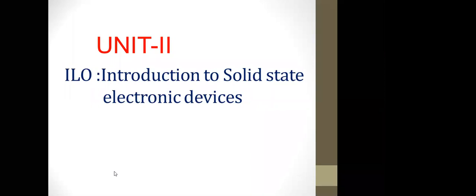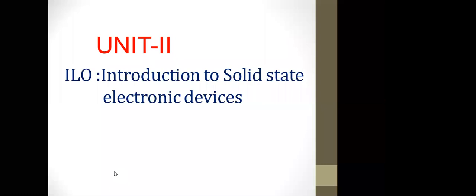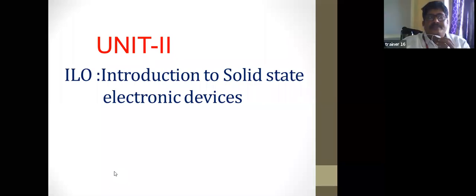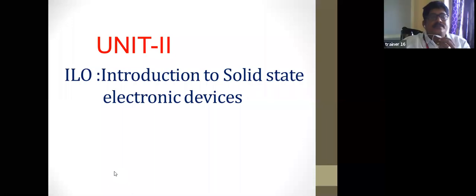In Unit 2, we discussed PN junction diode, PN junction and biasing, bipolar junction transistors, NPN transistor, PNP transistor, and MOSFET, metal oxide semiconductor field effect transistors.